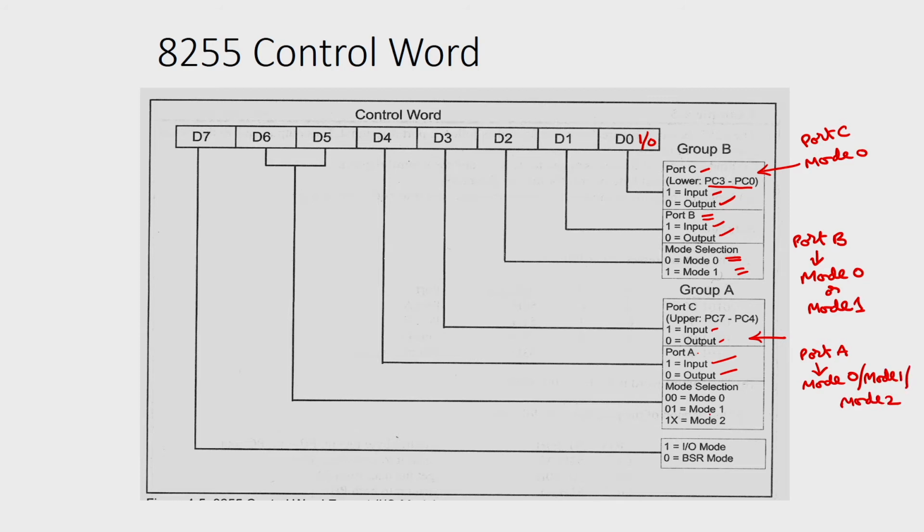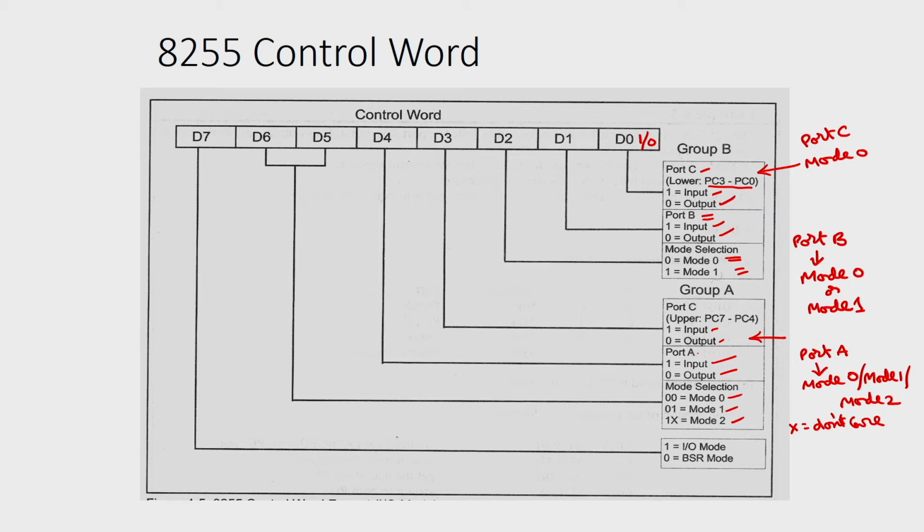That is why we require at least 2 bits to select the mode of port A. So, here we have used D6 and D5 for selection of the mode. 0, 0 is mode 0, 0, 1 is mode 1. Either 1, 0 or 1, 1 is mode 2. 1 X means X is a don't care, which can be either 0 or 1.